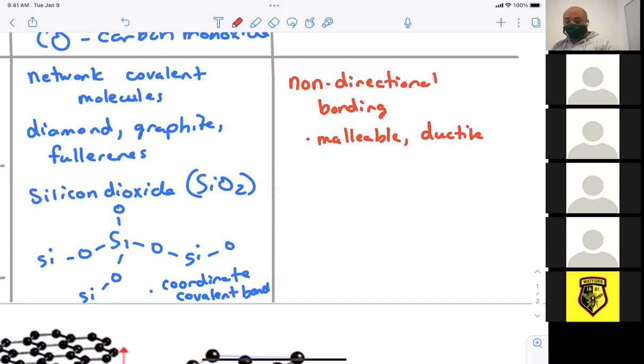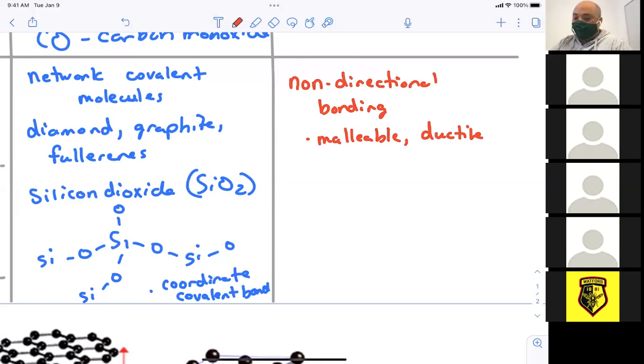Whereas if you hammered an ionic crystal lattice, it would just shatter into smaller pieces. It's very brittle because everything's in a fixed direction. If you apply a force, that direction will fight against it, and you'll break that attraction, and that's why it shatters into little pieces.